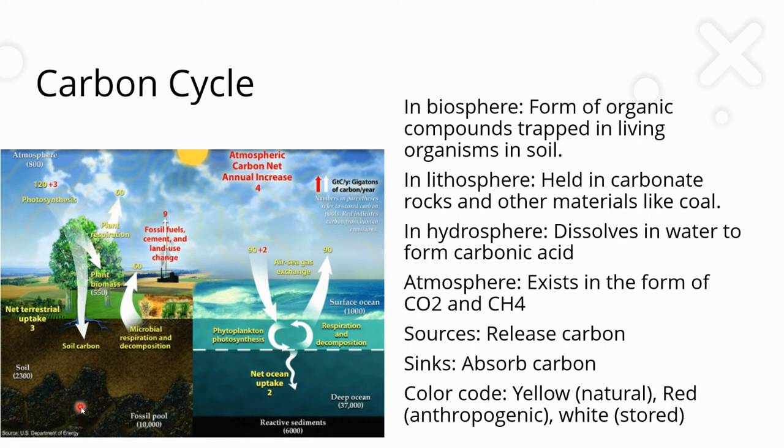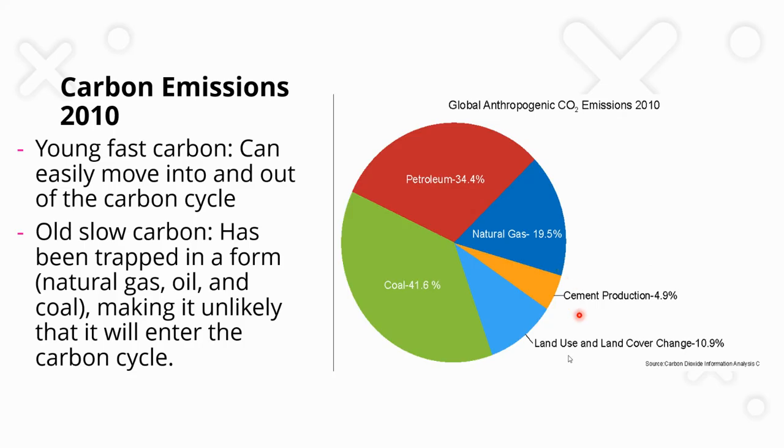They were stored there through a process of millions of years, so they stored really slowly. And even if you look at the net ocean uptake, every year they're getting 2 petagrams, and they are storing in the ocean sediment. So they are the slow carbon that we are talking about.